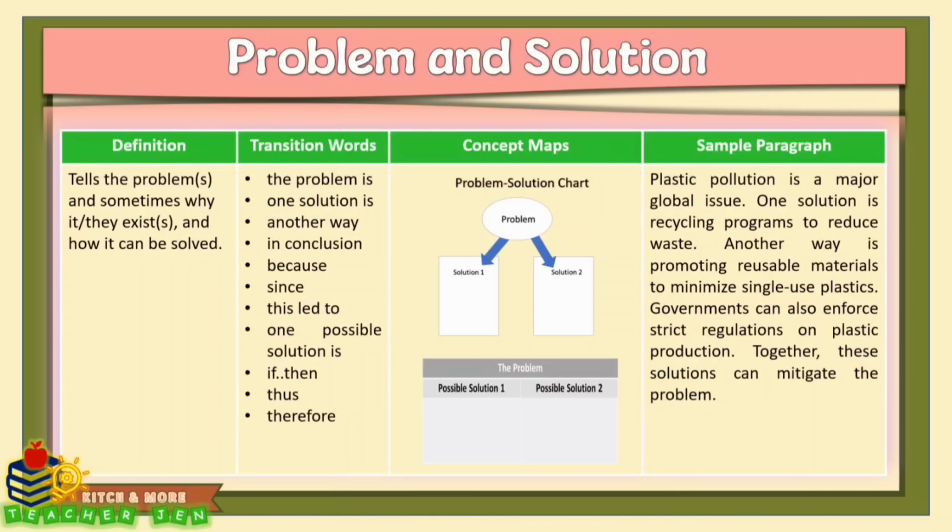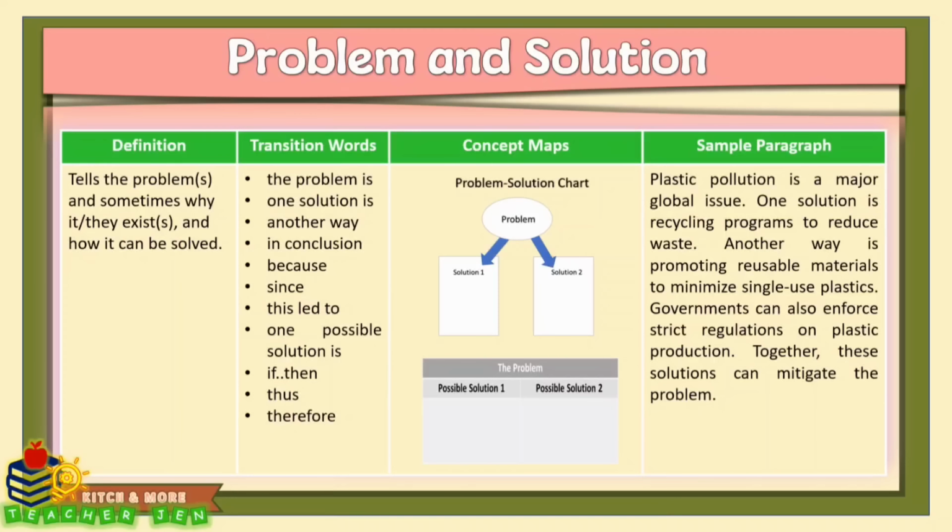We have the problem is, one solution is, another way, in conclusion, because, since, this led to, one possible solution is, if, then, thus, therefore. And here is the concept map that can show problem and solution, the problem and solution chart. And here is also the sample paragraph.